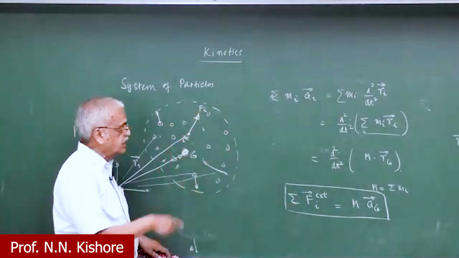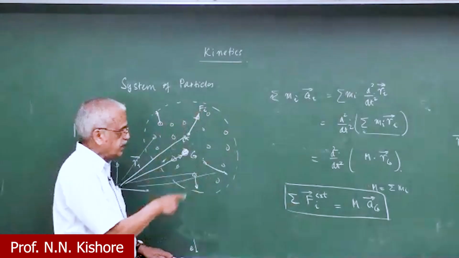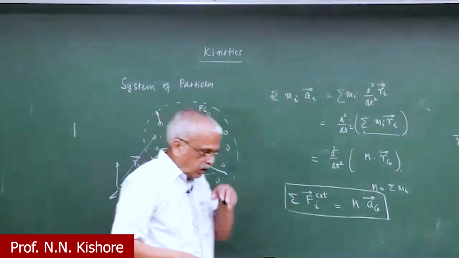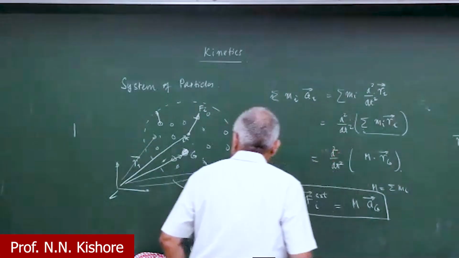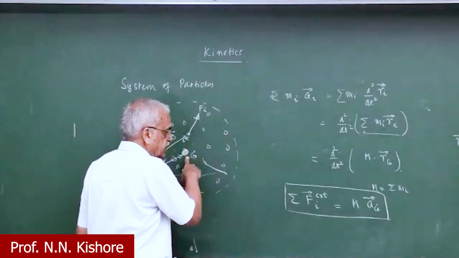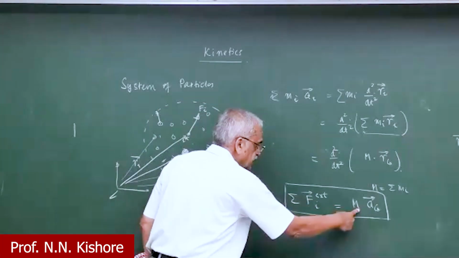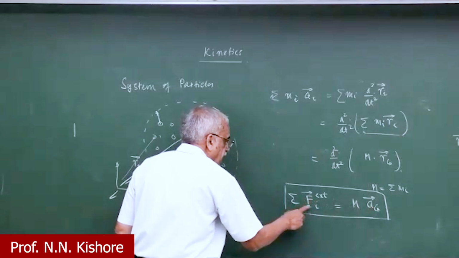To take care of that, we have the rotational part, which is given by the angular momentum. So we have to consider the angular momentum, or moment of linear momentum.